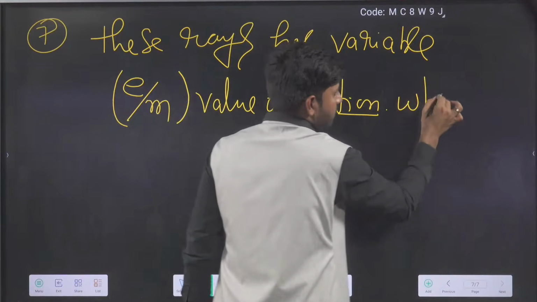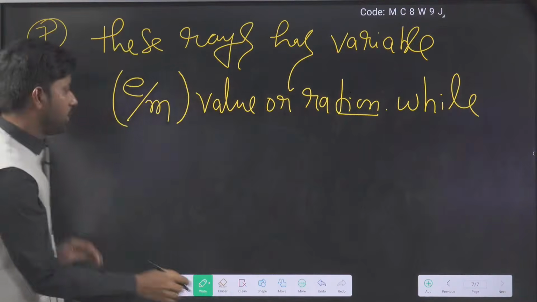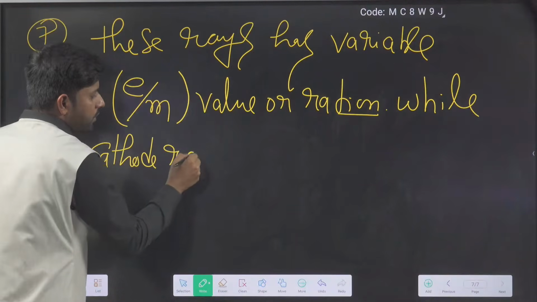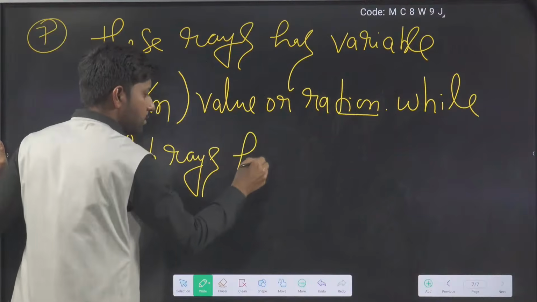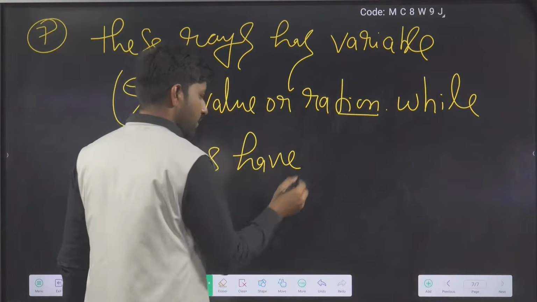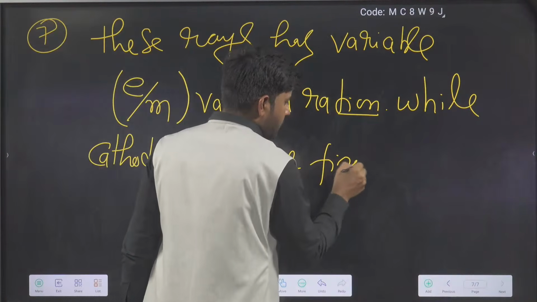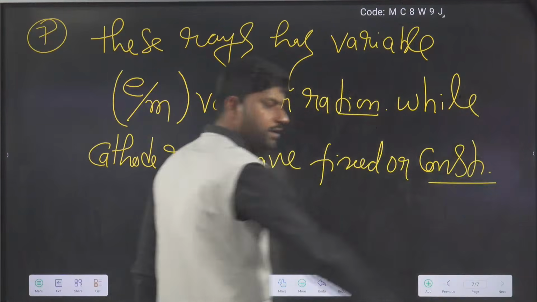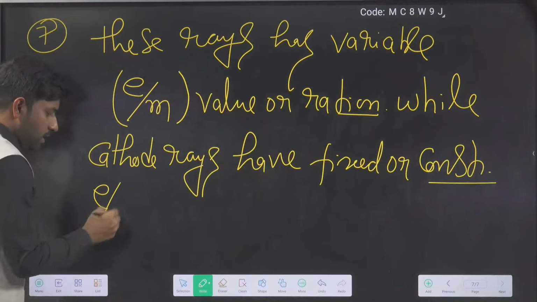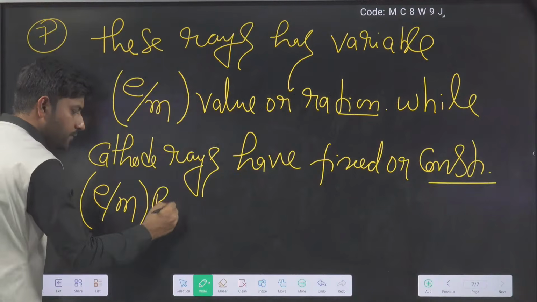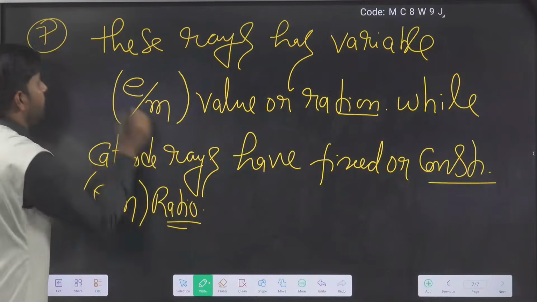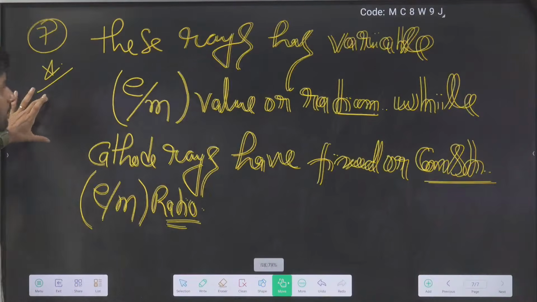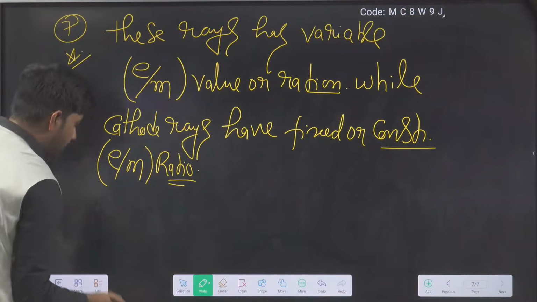While cathode rays have a fixed or constant e/m ratio. Very, very important.